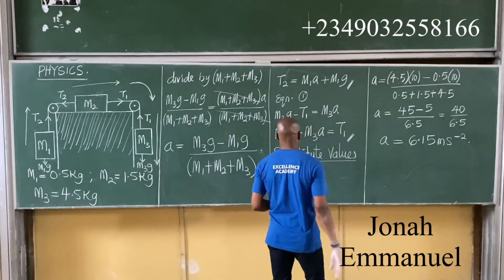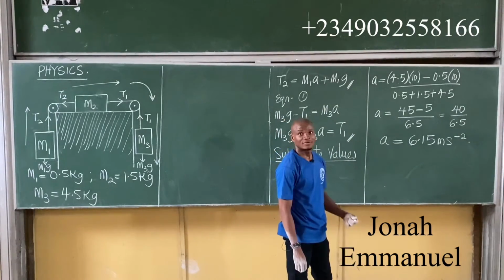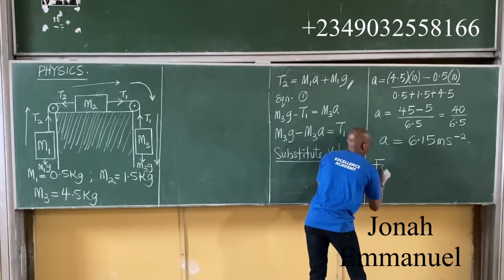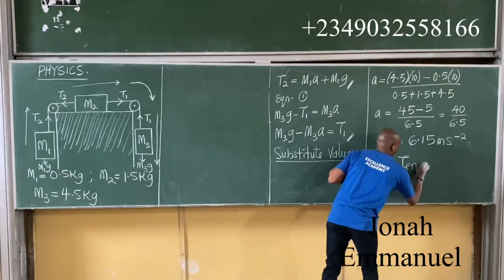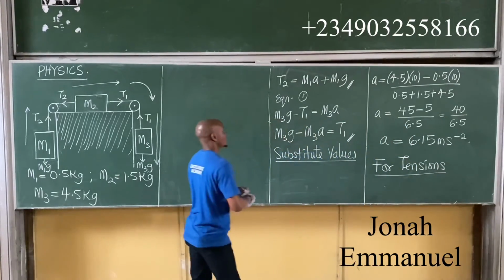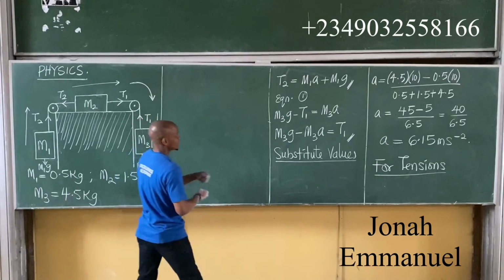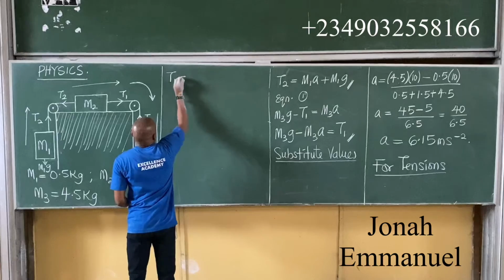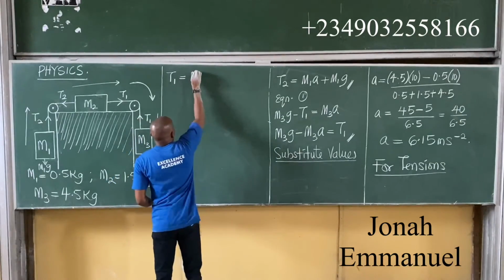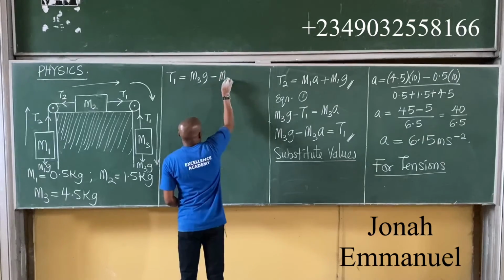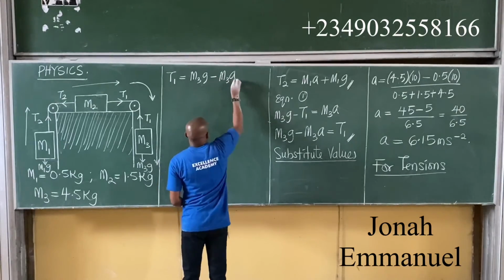Alright, so we've gotten this A. Let's get the tensions. Let's start with T1. We have that T1 is equal to M3G minus M3A. That's this.